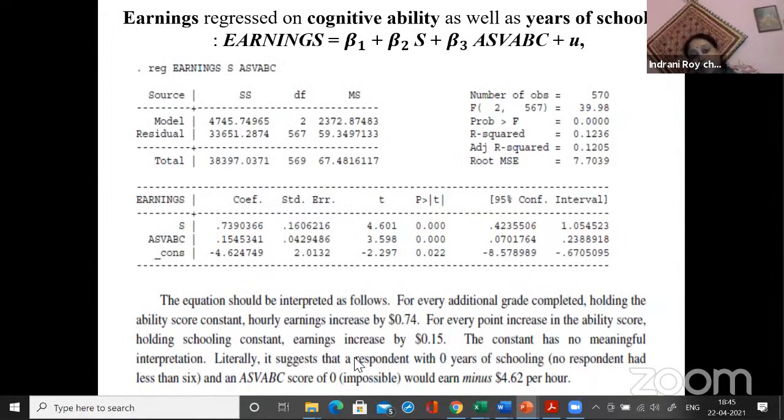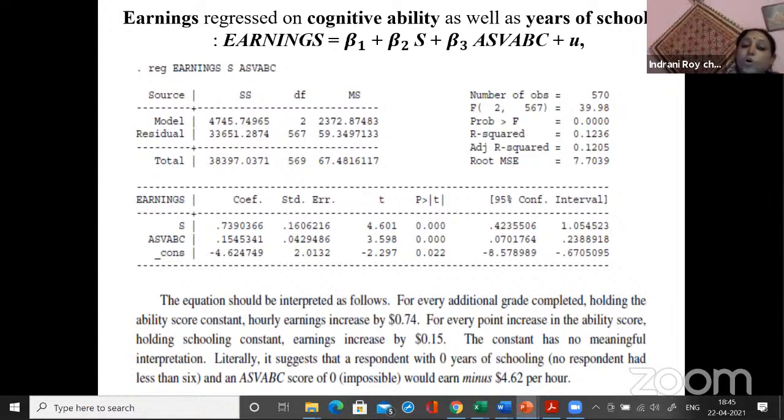Here, what we have done is basically, apart from the years of schooling, we have also taken this variable, which stands for the test scores, or the cognitive ability. This cognitive ability is assessed through the test scores secured in the last examinations appeared by the candidates.